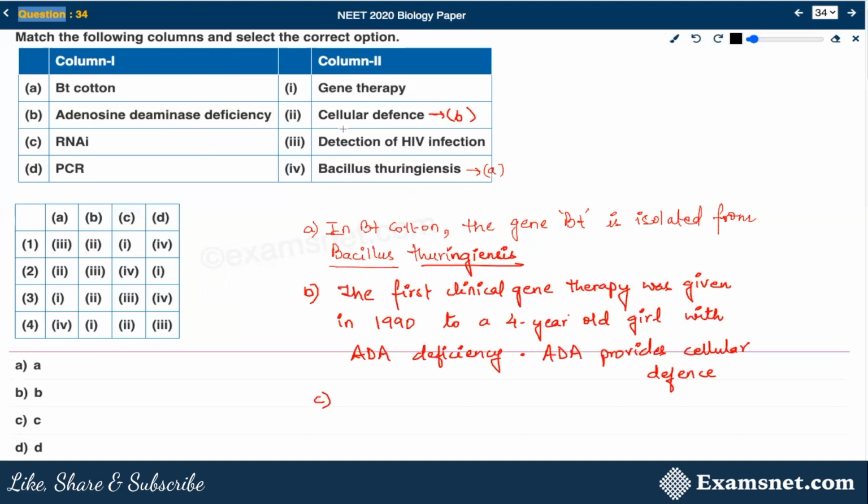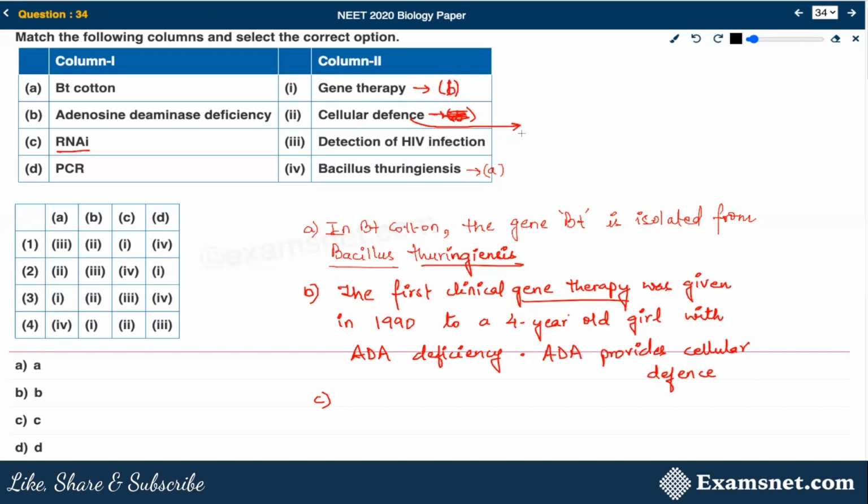This ADA is also responsible for immunity in the body, so there has been confusion with these two options. So this RNAi is correctly related with cellular defense. And this one is related with gene therapy. Here it has been written gene therapy, I just missed it out. So this one, B, is relatable to one option over here. And here will be cellular defense.